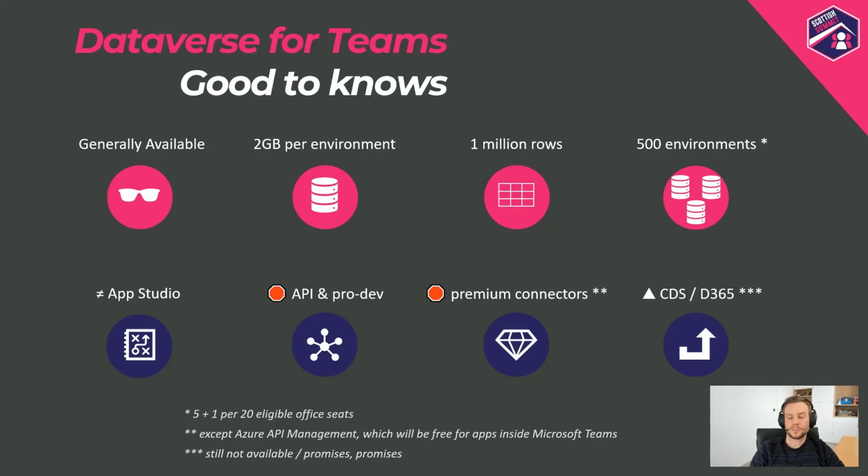Good to know is that the App Studio in Dataverse for Teams is a little bit different than the App Studio for standalone PowerApps applications. This mainly comes down to the fact that in a standalone App Studio, you get the standard controls with the standard or normal properties, like it's been for the last couple of years with PowerApps. Now with the App Studio in Dataverse for Teams embedded into the Teams client, it will by default use the Fluent UI controls for your look and feel.